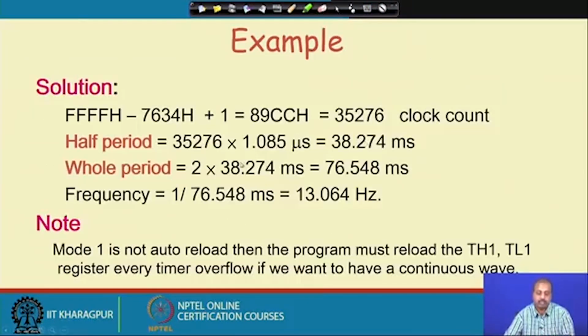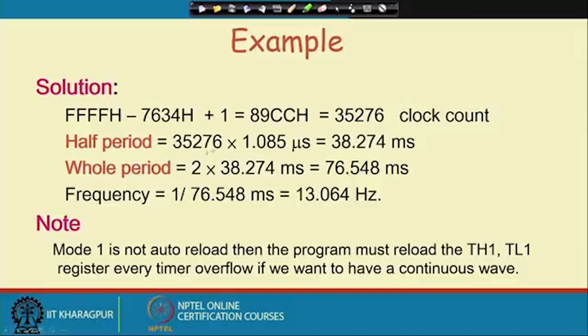We have loaded the initial value 7634, so our total clock count is FFFF minus 7634 plus 1, that is 89CC, or 35276 clock counts.